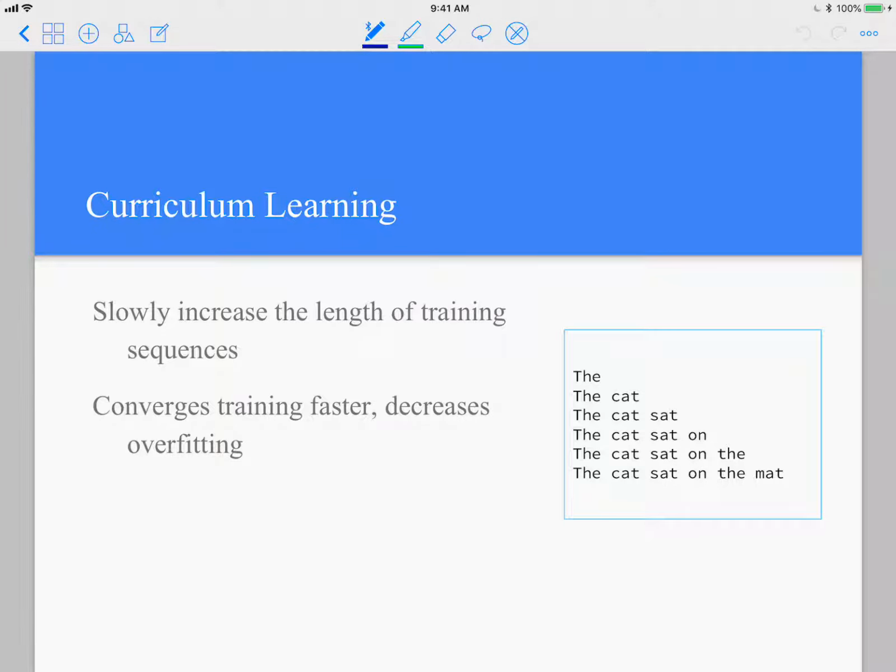Okay, so in curriculum learning, the basic notion is that instead of teaching the complex task immediately from scratch, we teach a relatively simple task first, and later, as the model gets trained a little more, we give more sophisticated training examples and so on.